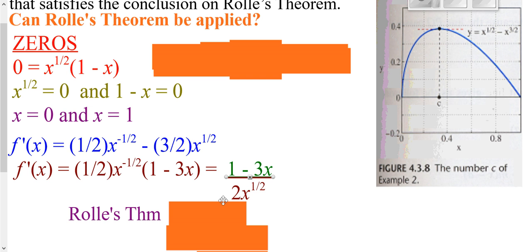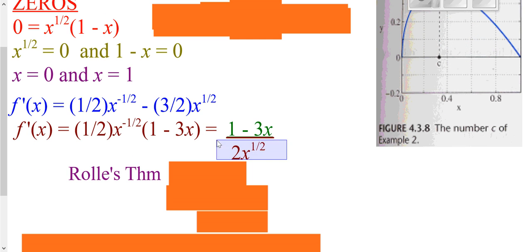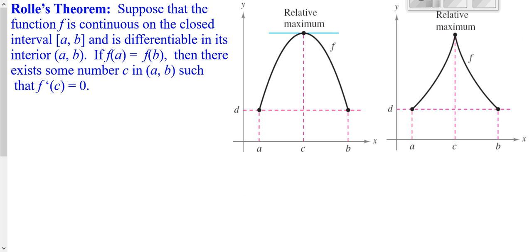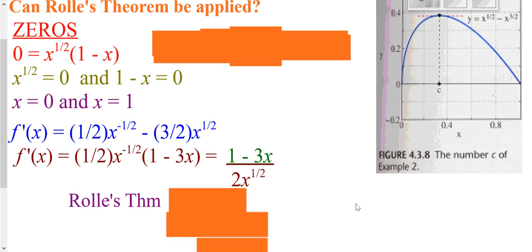So then you'd have to think, okay, is it differentiable on our interval of 0 to 1? Well, it's going to have issues whenever the bottom is 0, which is at 0. So we're going to have issues at 0, but remember, Rolle's theorem and the mean value theorem say it has to be continuous on a closed interval, differentiable on the open interval. We had issues at 0, but that's the open interval part here, so we're okay with that. So Rolle's theorem can be applied because we have a closed interval, 0 to 1, a continuous function, and it's differentiable.